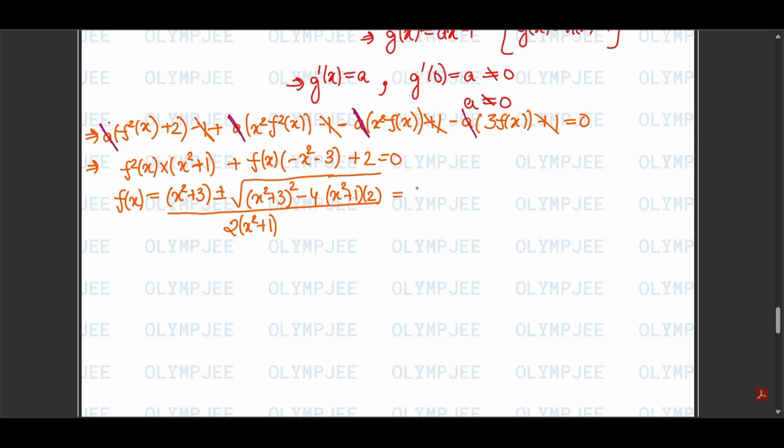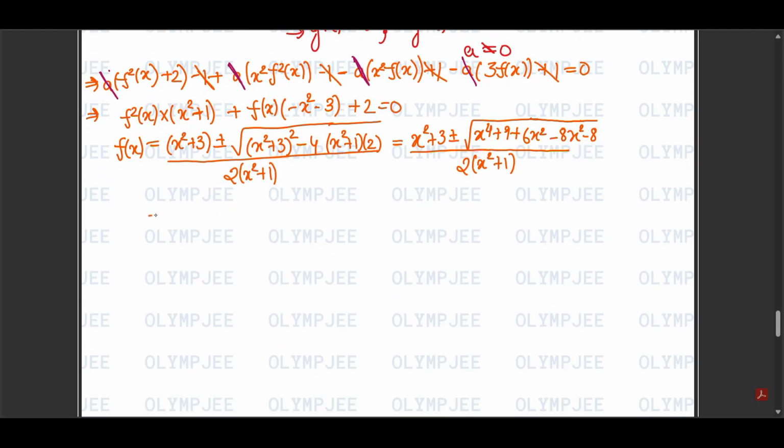So this will become x² plus 3 plus minus the square root of, inside it will become x to the power 4 plus 9 plus 6x² minus 8x² minus 8, whole divided by 2(x² plus 1).